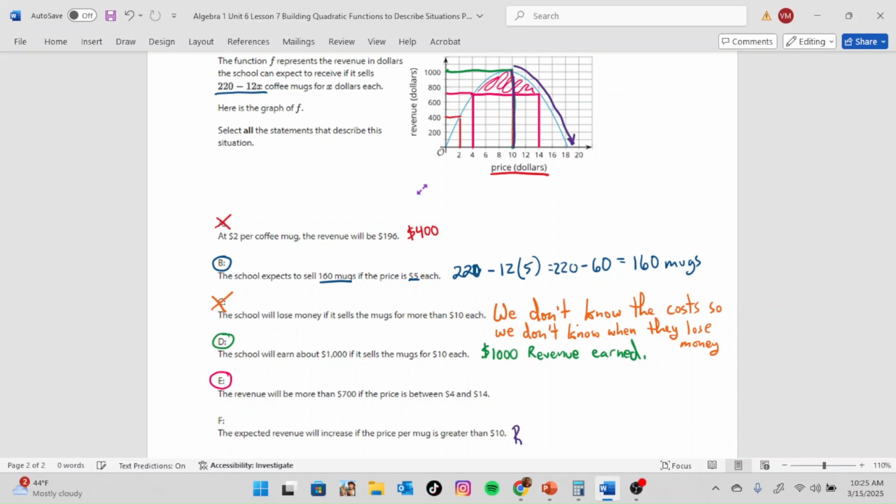So actually, revenue is decreasing after $10. So F would be wrong.